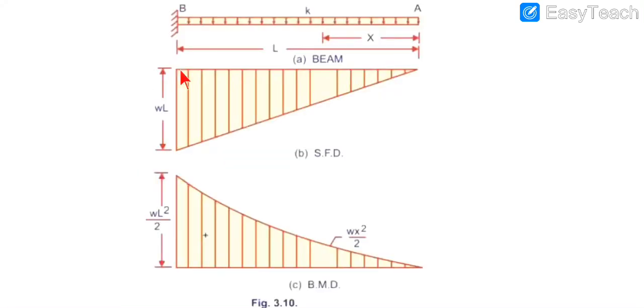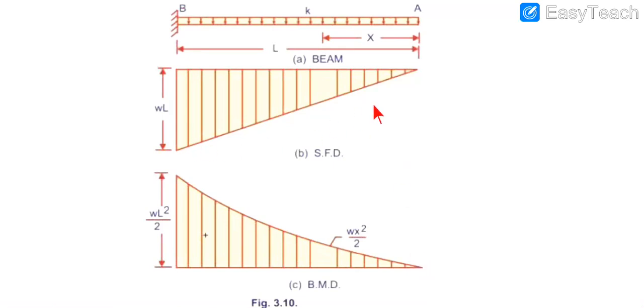Firstly, let us understand the shear force and bending moment diagram of a cantilever beam. As you have already studied, a cantilever beam is a beam which has one end fixed and the other end free. So we'll have its fixed end bending moment as WL square by 2. The maximum bending moment will be at point B and the minimum at point A, that is 0.